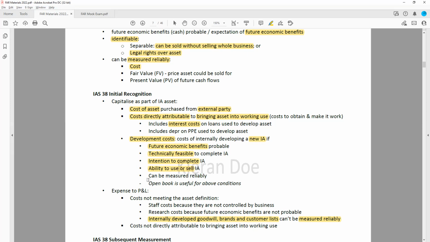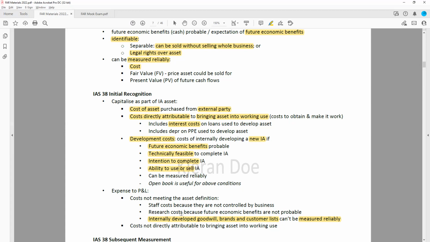So there'll be all these initial research costs, which are more scientific, technological research. But at that point, it might not be clear whether it's technically feasible to develop this new prototype phone. It might not be clear whether they'll be able to sell it at a profit. So these conditions wouldn't be met, and therefore those costs would be expensed.